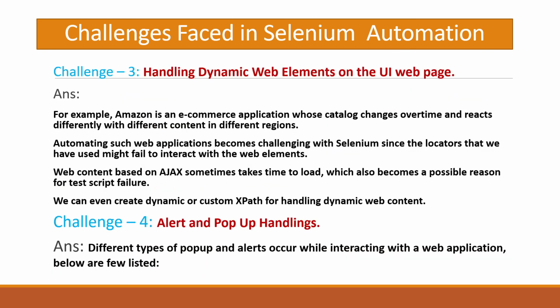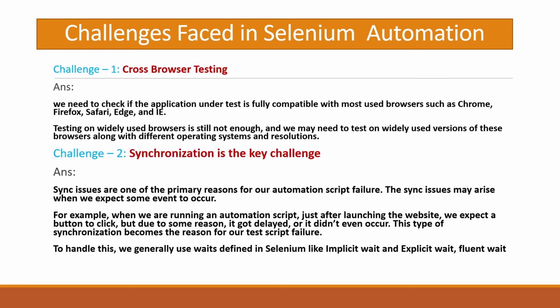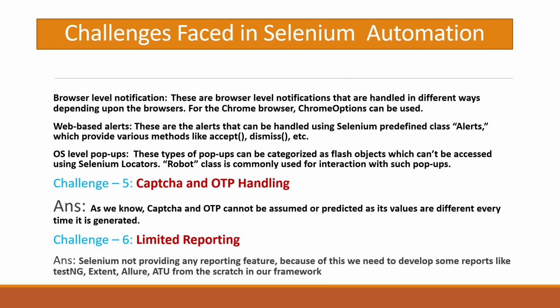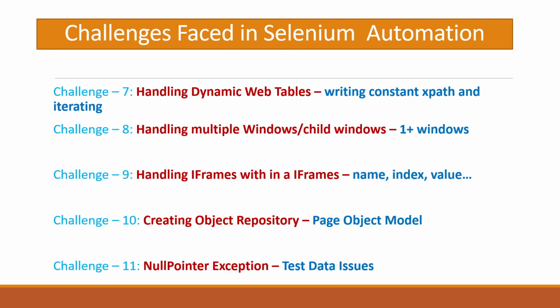I hope that during your interviews, if any interviewer asks you what challenges you have faced in Selenium automation, you can tell them likewise. The first challenge is cross browser testing, the second is synchronization, the third is handling dynamic web elements on the UI page, the fourth is handling alerts and pop-ups, the fifth is Captcha and OTP handling, and the sixth is limited reporting.